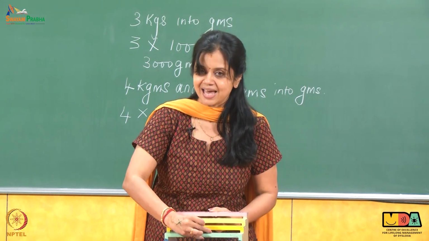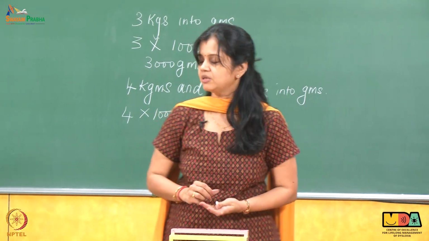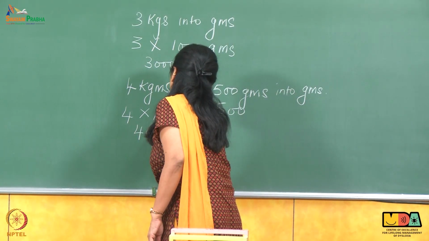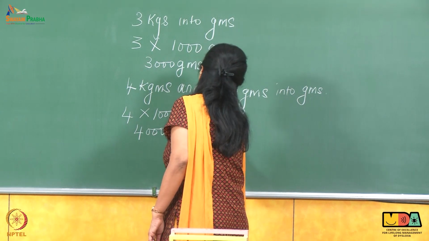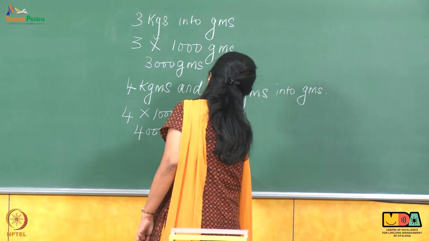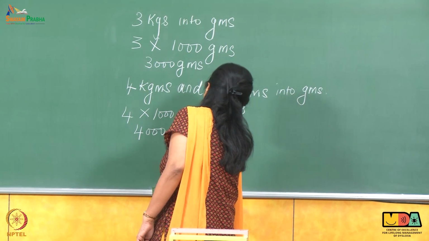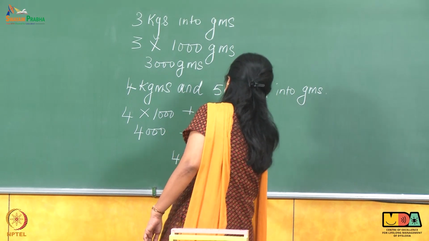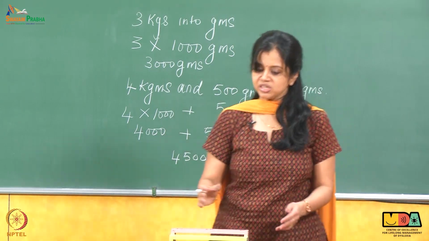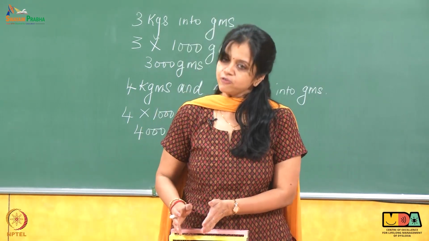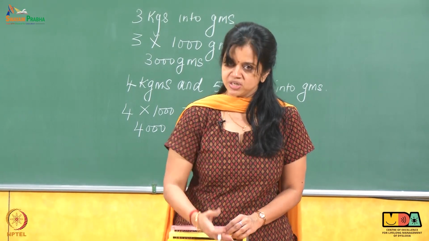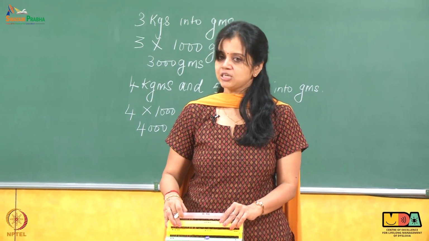So it stays as it is. Now, 4 into 1000 will be 4000 plus 500, which is 4500 grams. So once you use this, whether it is a full conversion or conversion of 2 different units into another unit, it becomes very easy for a child to understand.